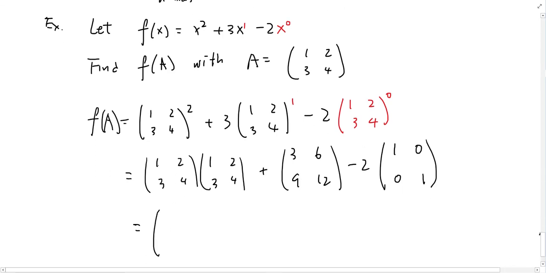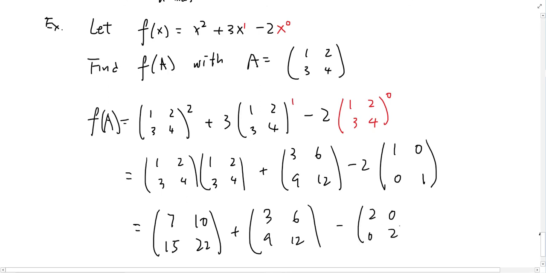So this would be 1 times 1 plus 2 times 3, that would be 7. 1 times 2 plus 2 times 4, that would be 10. 3 times 1 plus 4 times 3 would be 15. 3 times 2 plus 4 times 4 is 22. Plus 3, 6, 9, 12. Minus 2, 0, 0, 2.